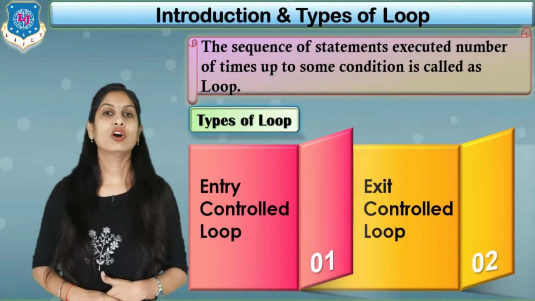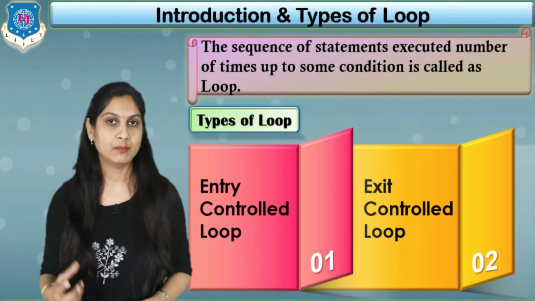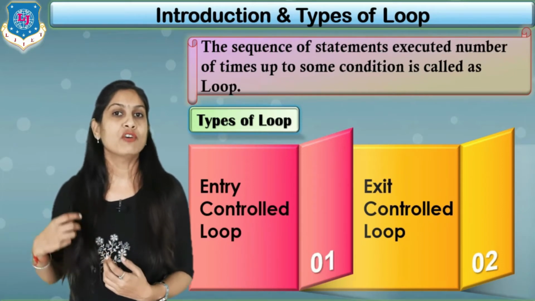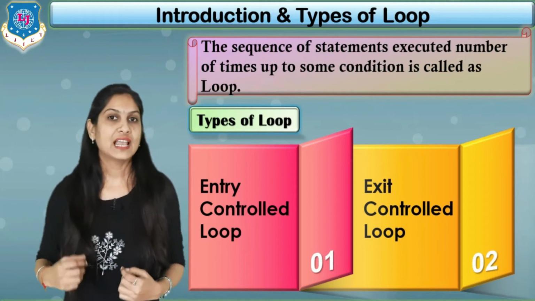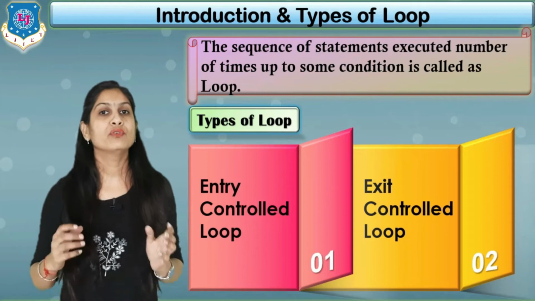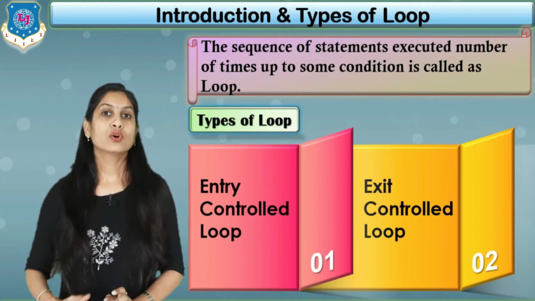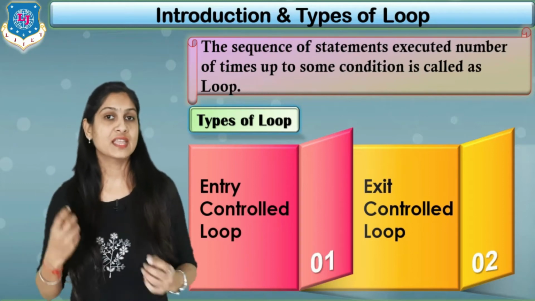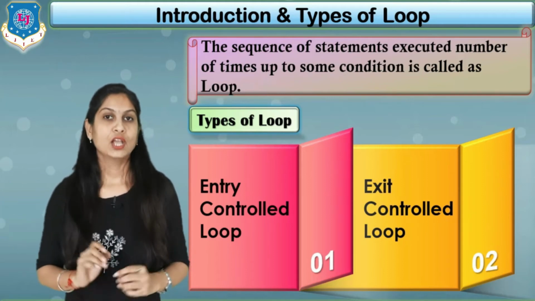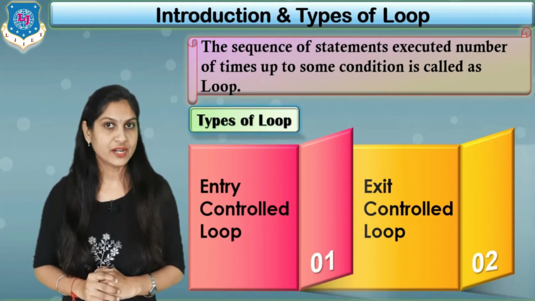Now what is the meaning of it? According to its name, entry control, here the condition is at the time of entry. Suppose I say, you may enter my classroom if you have completed this work. This is the condition that we put on you at the time of entry. So this is the example of entry control.